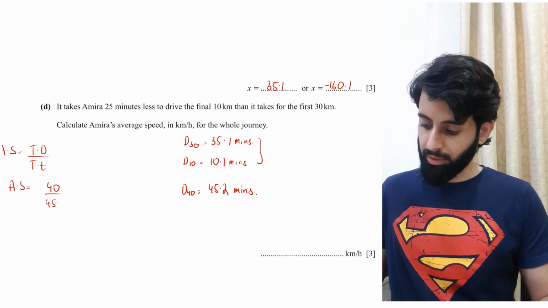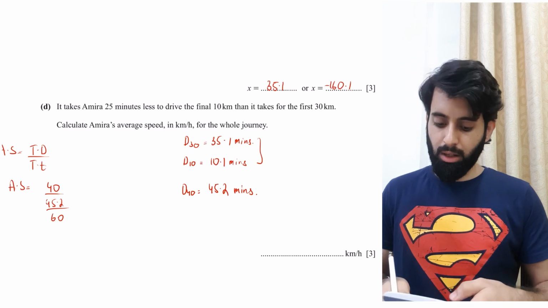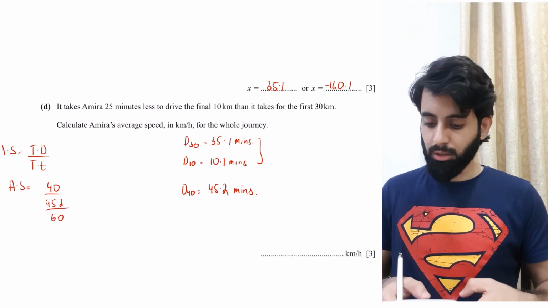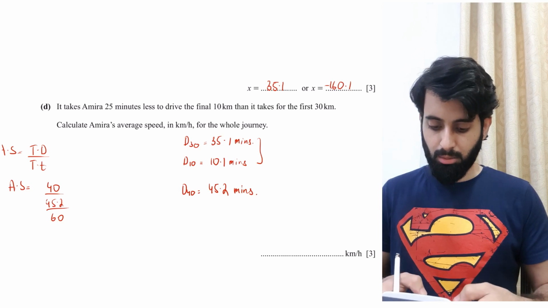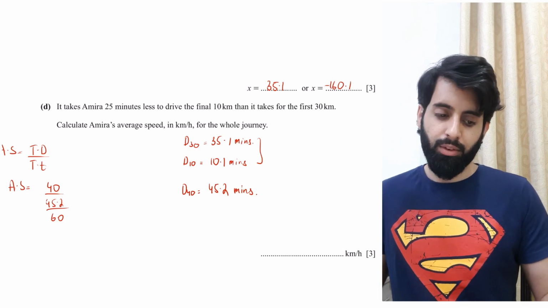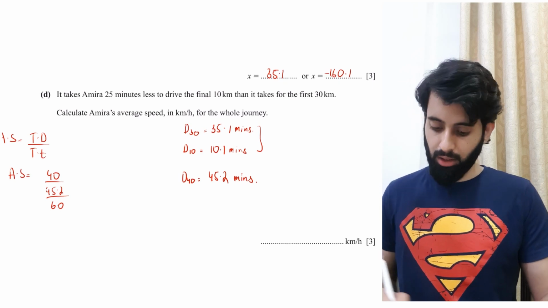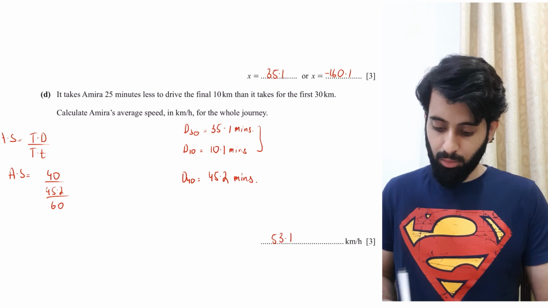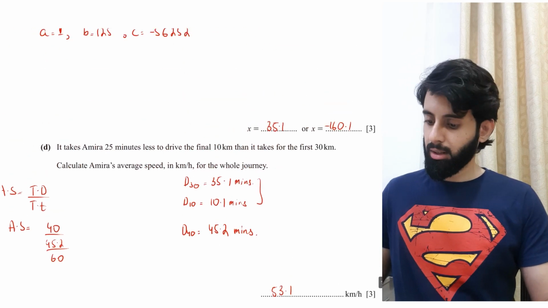I'm going to divide this by 45.2, and then since this is in minutes, I want to give the final answer in hours, so I'm going to divide this by 60. So 40 divided by 45.2 over 60. Let's see what we get. We get 53.09, which correct to 3 significant figures is going to be 53.1 kilometers per hour. So yeah, with this we have finally completed the paper.